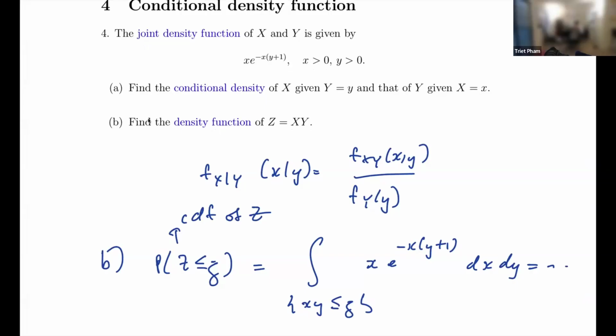But another way you could do it is to use conditioning with the conditional density. Now, normally conditional density may not be any easier than integrating the joint. But in this problem, you have worked out part A, where you found the conditional of x and y. So you could leverage that if you recognize some pattern.